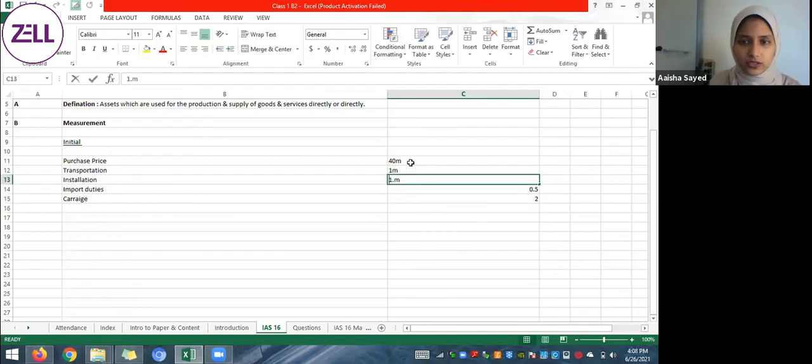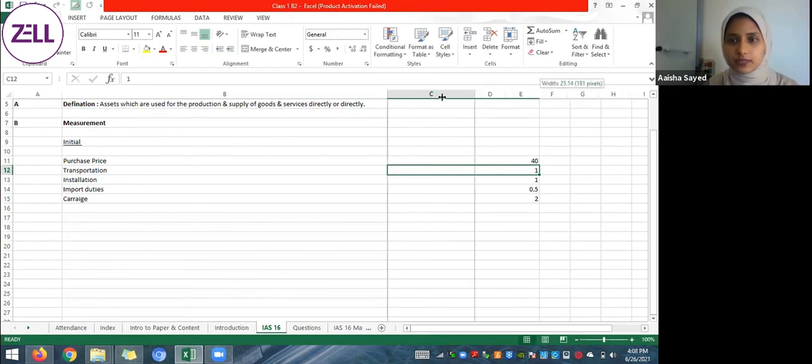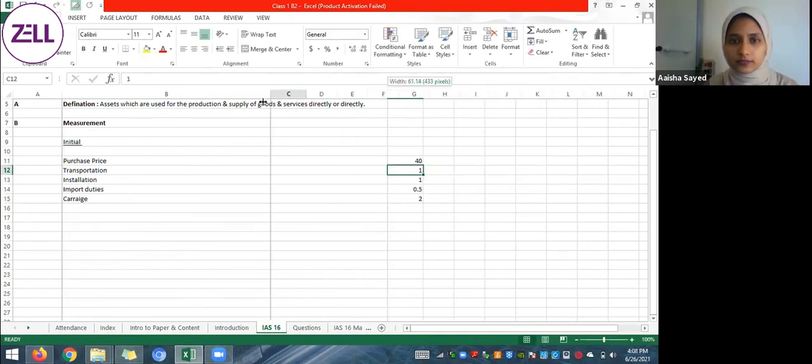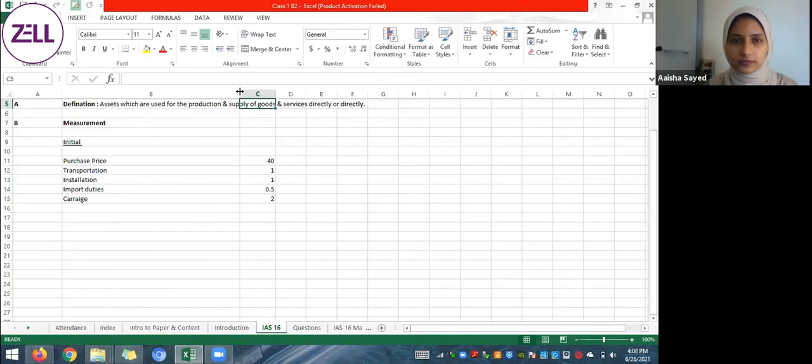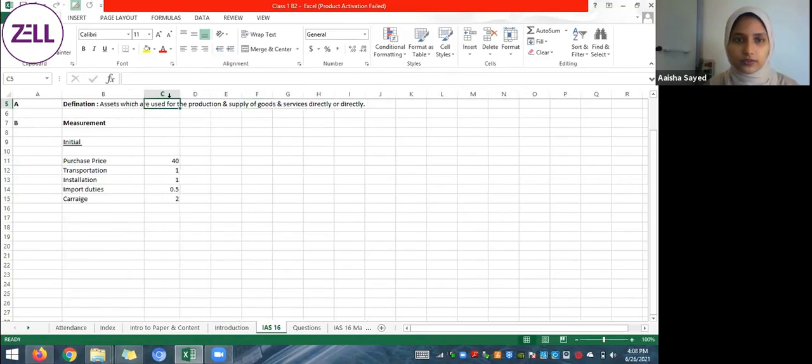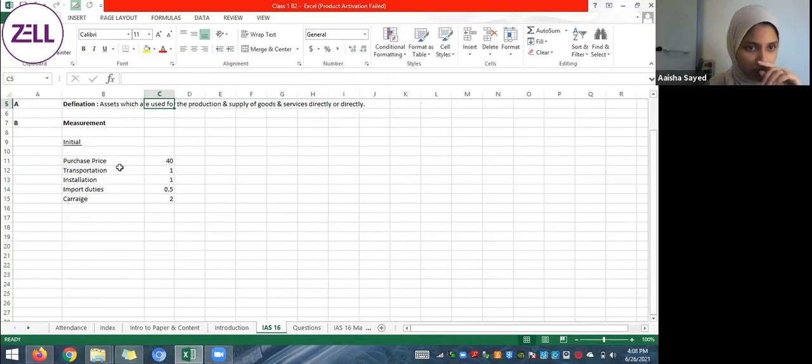Okay, I'll just change this. Remove the millions so I can calculate automatically. So yeah, this is the purchase price, transportation, installation, import, and carriage.